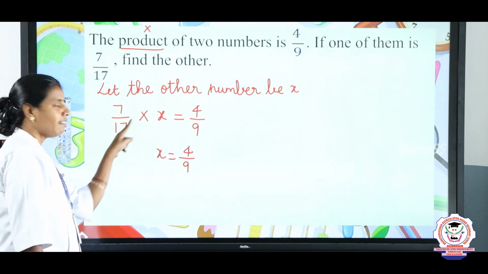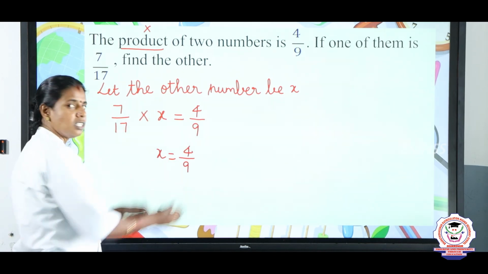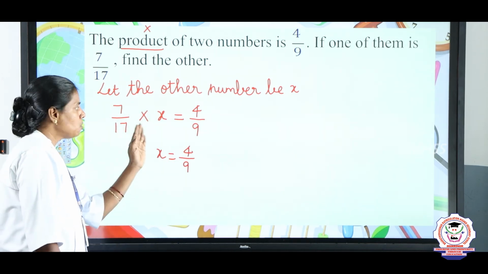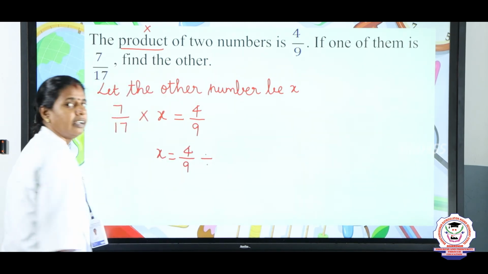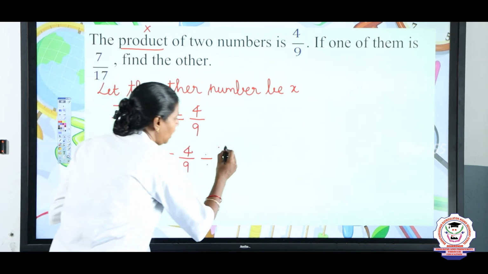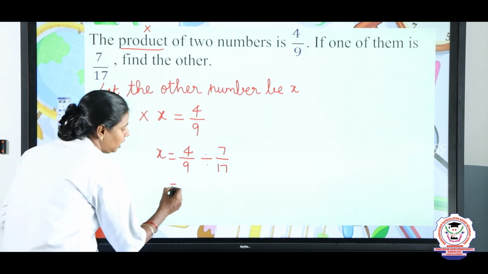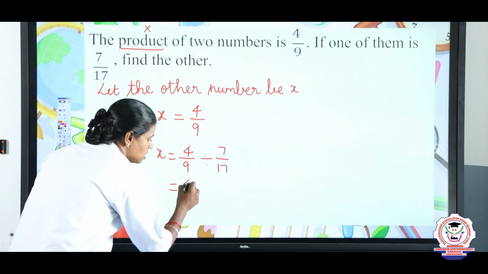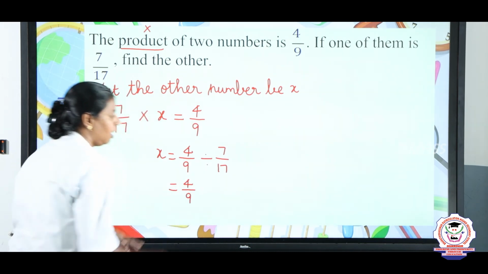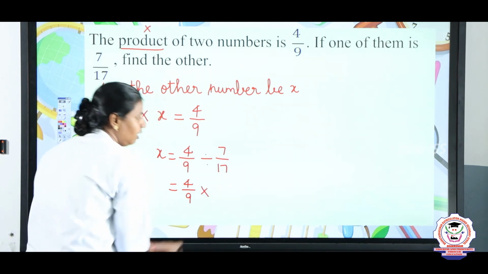See, 7 by 17, which is multiplied here. If it is transposed to the opposite side, what will happen? The opposite of multiplication is, yes, division, divided by 7 by 17. Now, we know the first number 4 by 9, we are going to write as it is, 4 by 9, and divide is going to be replaced as multiplication.